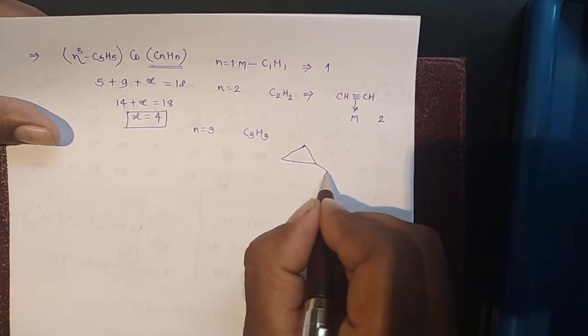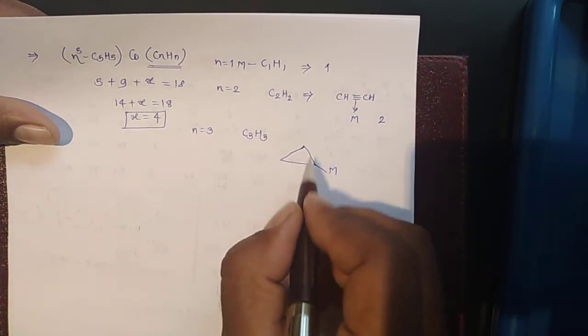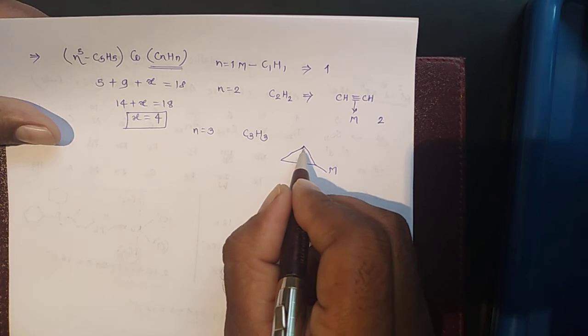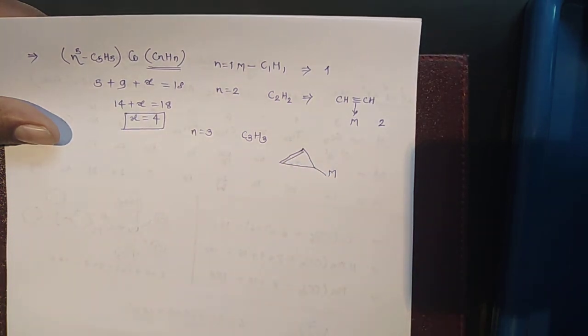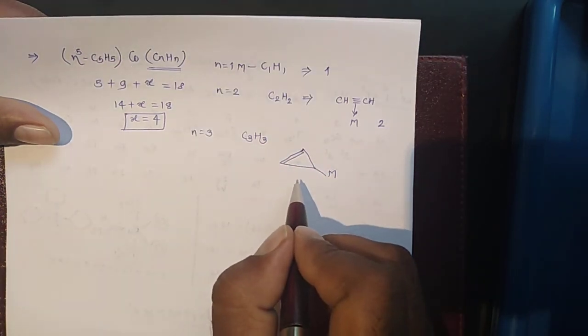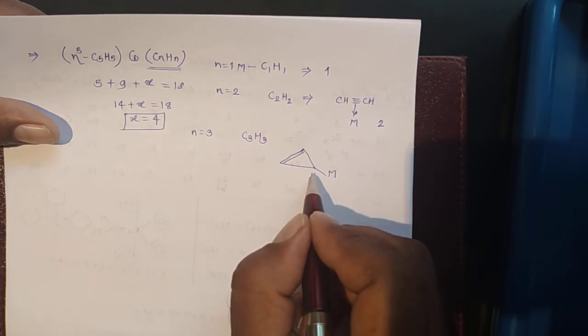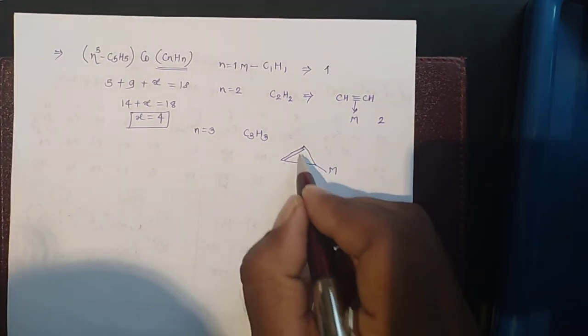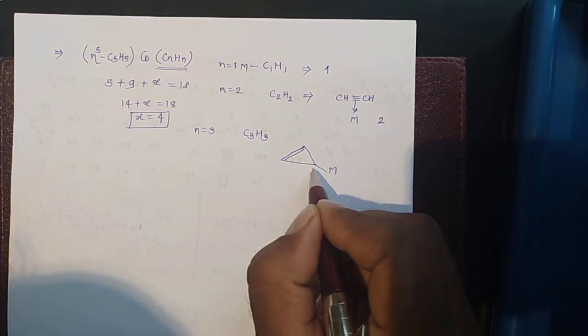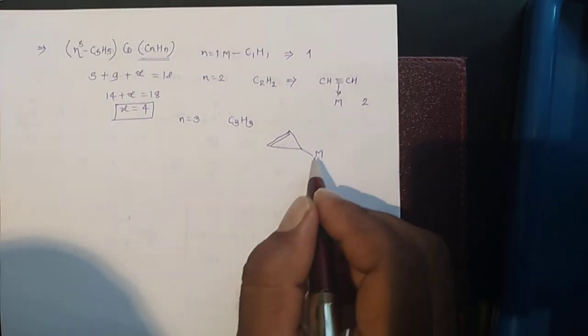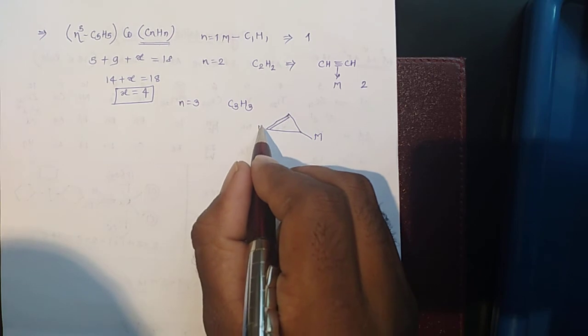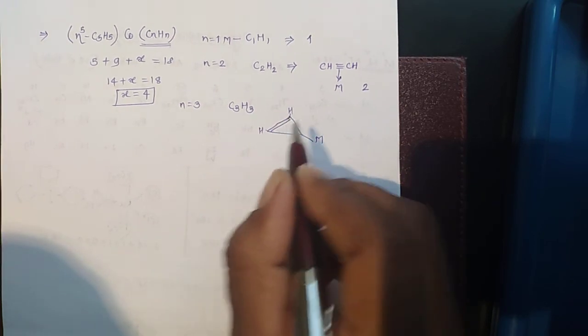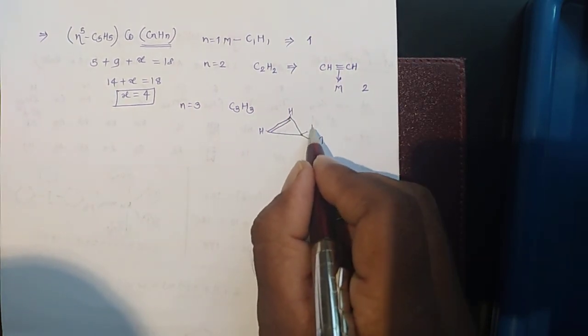This is the metal, then here the double bond, and here one hydrogen and here one hydrogen.